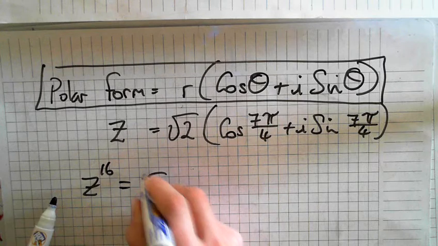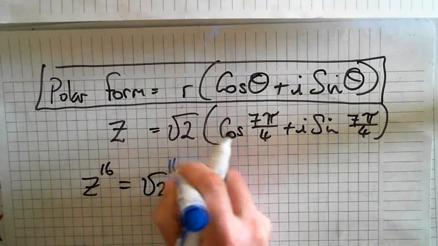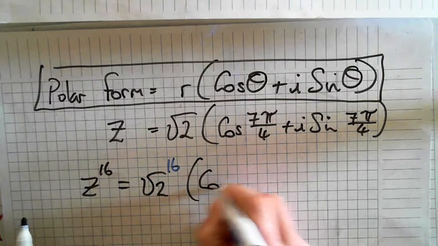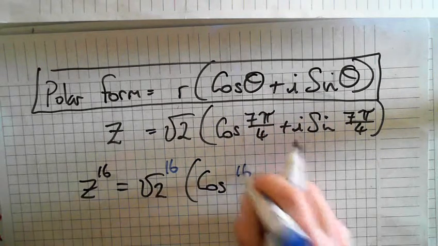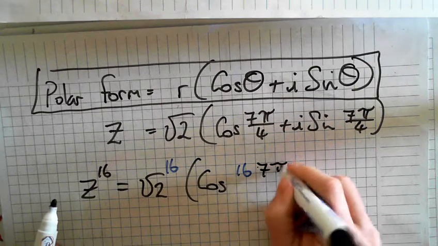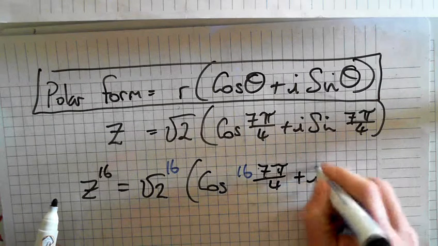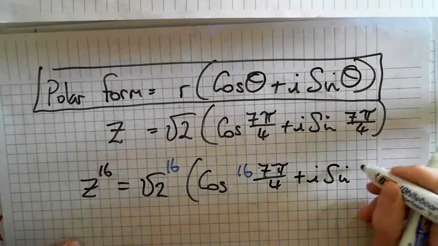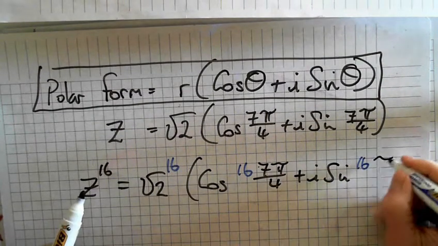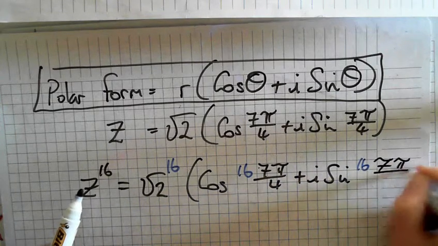So it's the square root of 2 to the power of 16, cos of 16 times 7 pi over 4, plus i sine of 16 times 7 pi over 4.